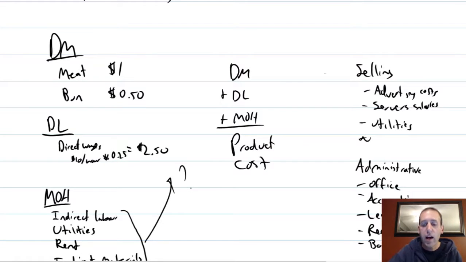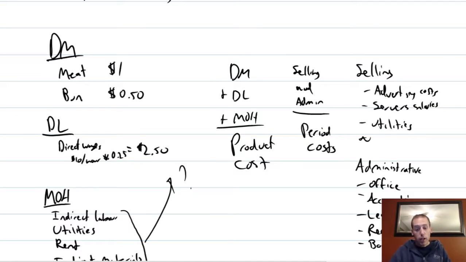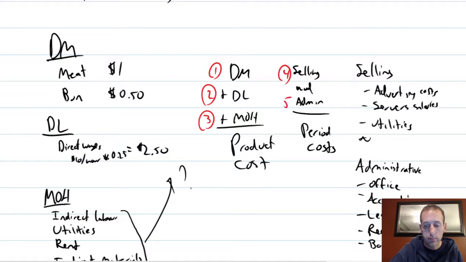We call selling and admin, selling and admin are considered period costs. So at this point, I would trust that you have 1, 2, 3, 4, 5, 6, 7 definitions in hand.